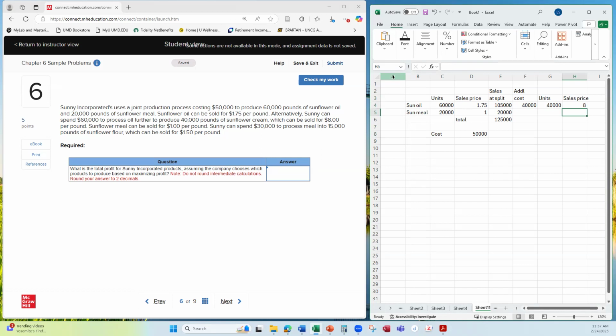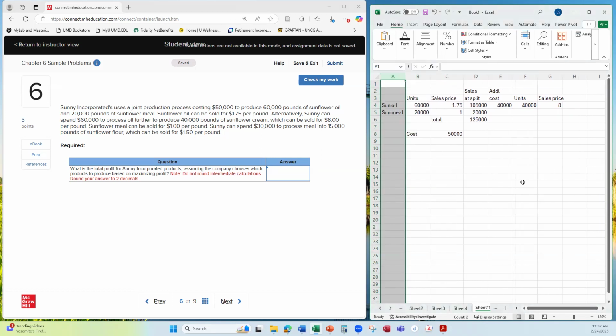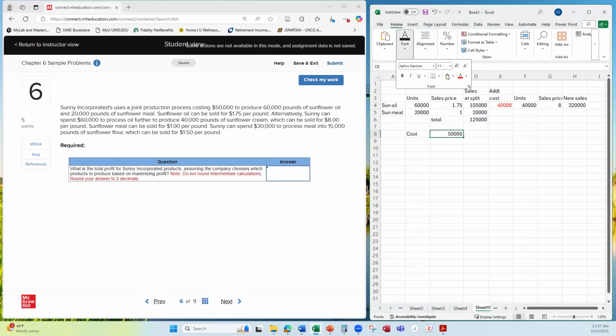I don't know why I always leave the first column blank. So the new sales then would be 40,000 times 8, or 320,000. And that had additional costs here. I'm just going to label those costs in red so we can keep track of them.